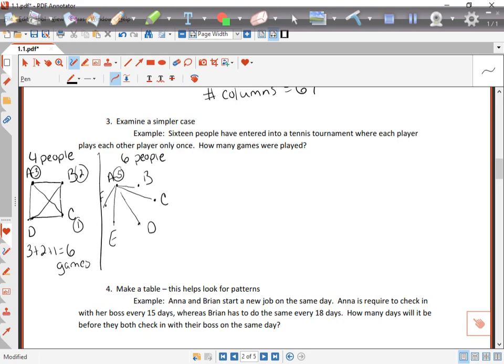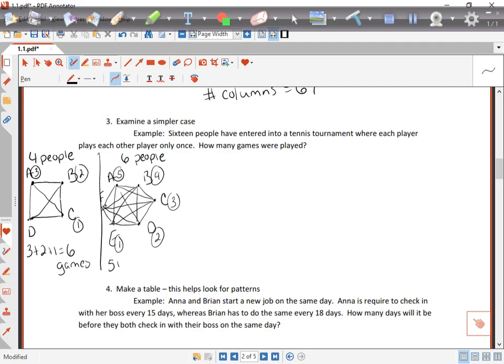Person B would then have left C, D, E, and F, which would give them 4 games. C would play D, E, and F, which would give them 3 games. And hopefully you're starting to see a pattern here. D would play E and then F, 2 games, and E would only have 1 game left.